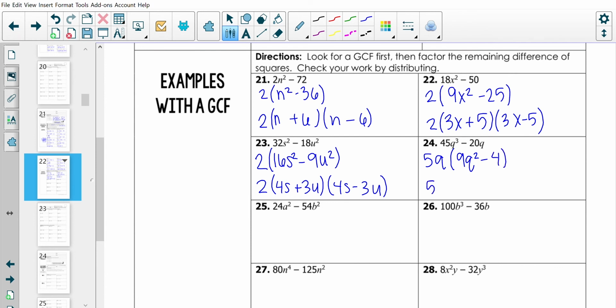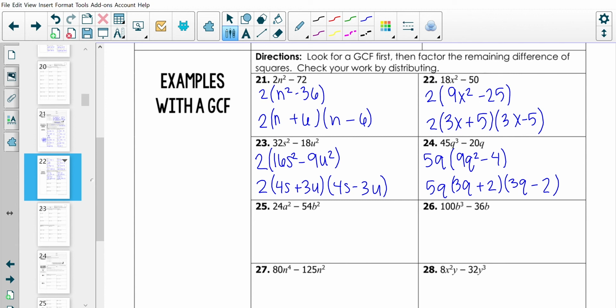Remember, bring down your 5q that you took out. You then have the square root of 9 is 3. Split your q up. The square root of 4 is 2. Okay.